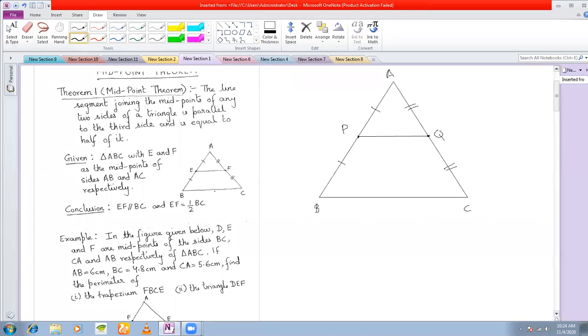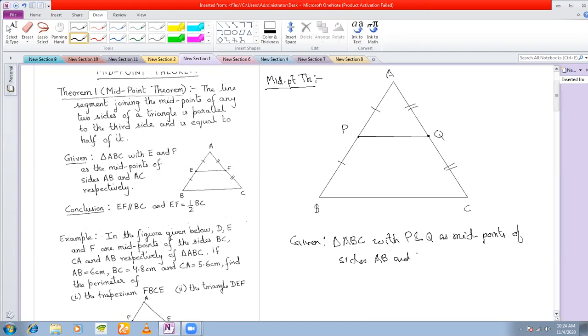So what is given to you here? This is your midpoint theorem. Given here is triangle ABC, any triangle ABC, with P and Q as midpoints of sides AB and AC respectively.